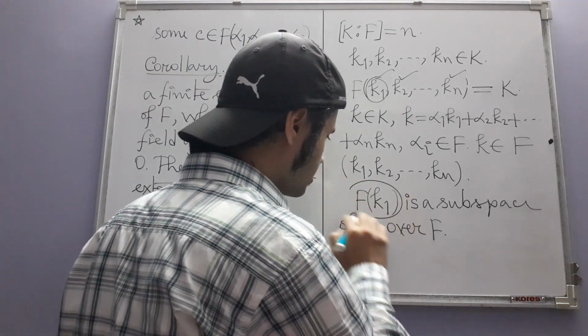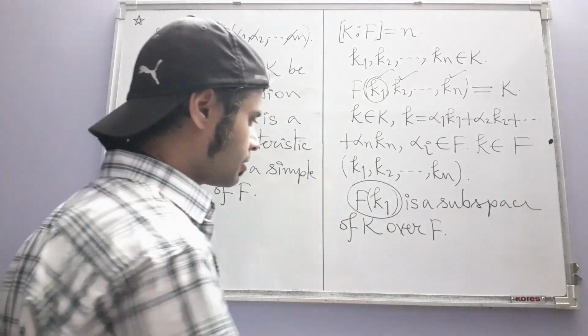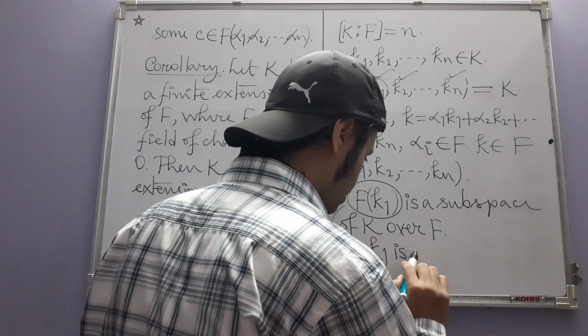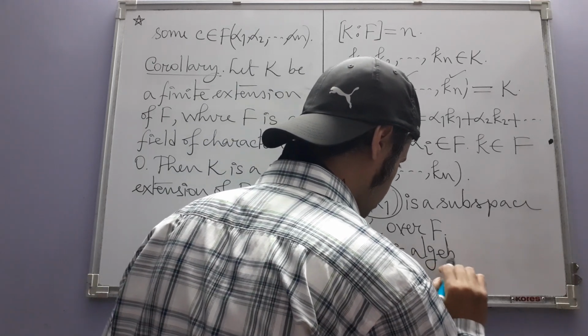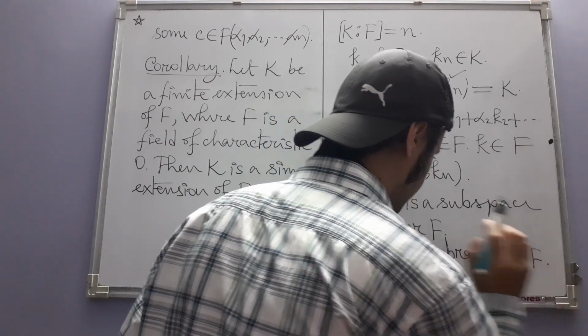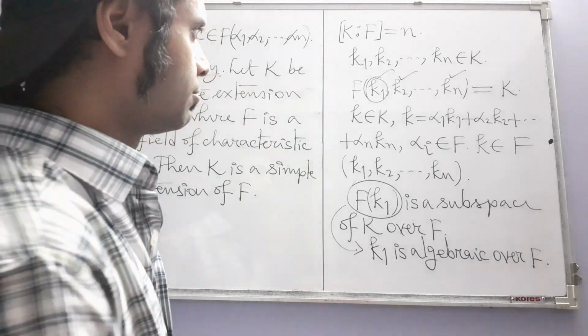So that means this is a finite extension of F. But then by a previous result, that implies k1 is algebraic over F. Similarly, the other ki's are also algebraic over F.